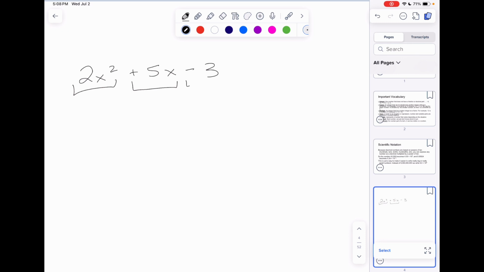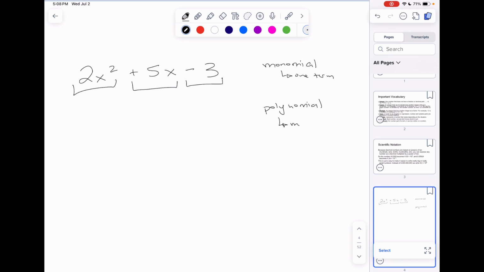That's another term, and that's another term. So here we have 3 terms, and each one of these is a monomial, mono meaning one. And when you put them all together, they become a polynomial. Monomial meaning one term.